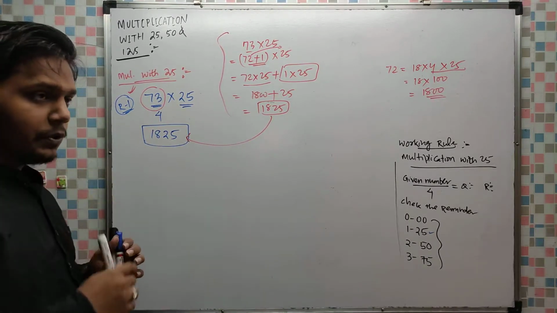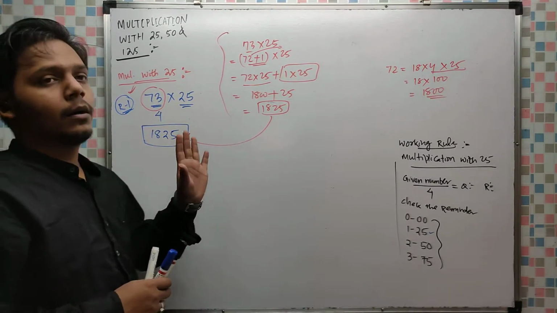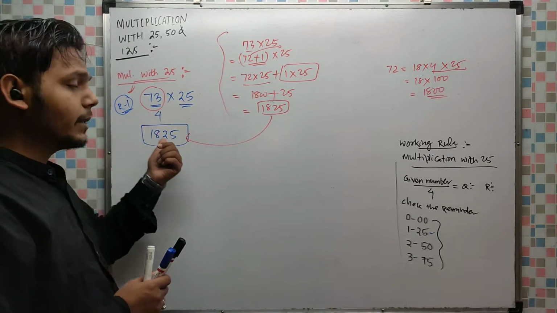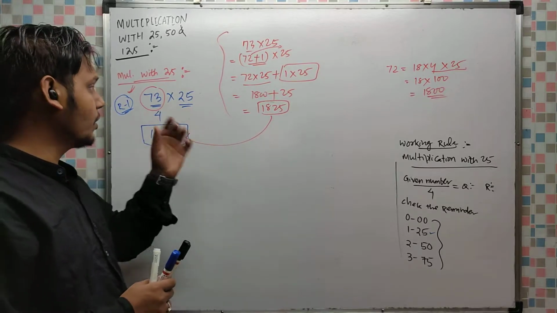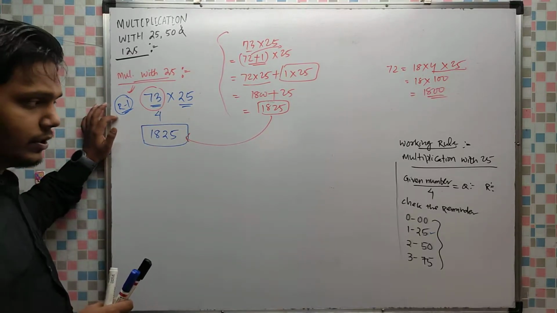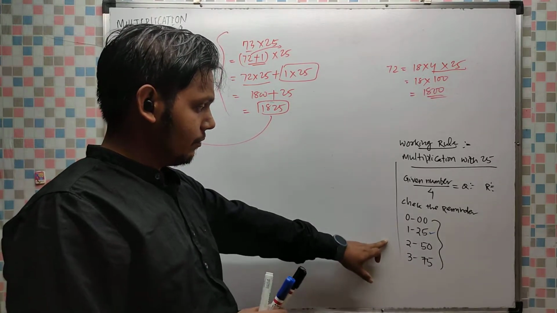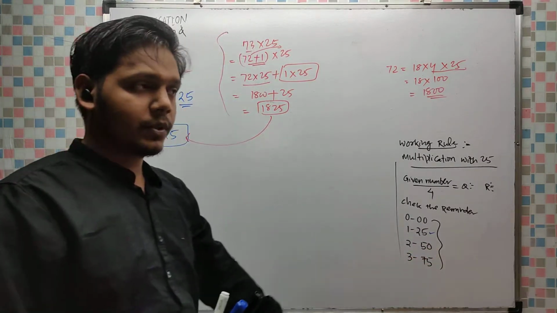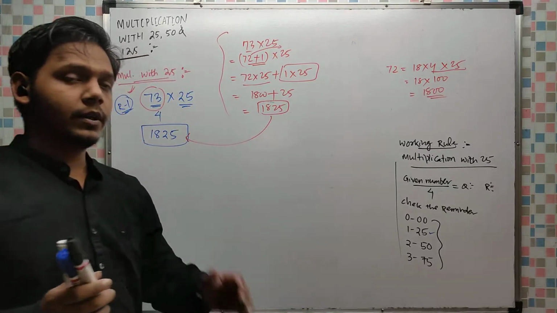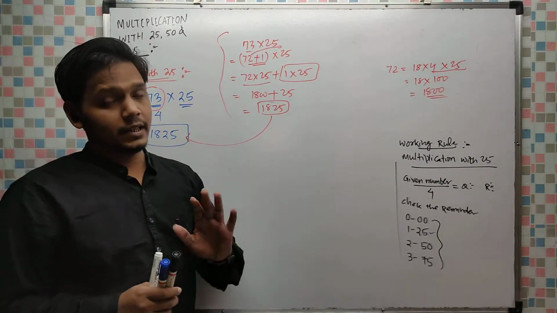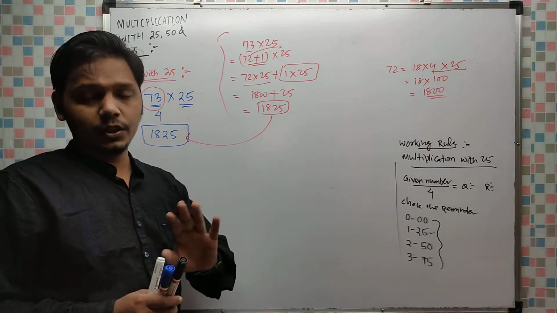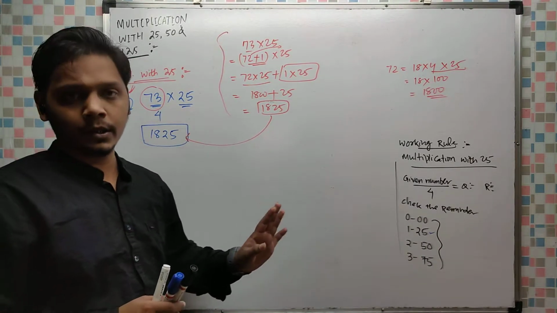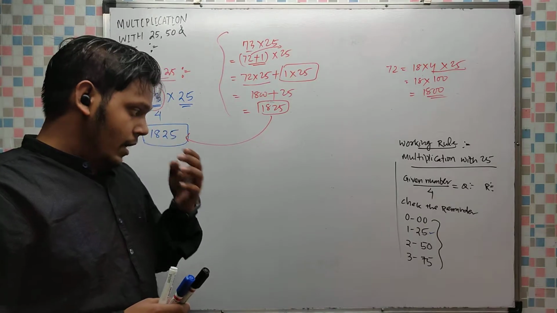So simply keep in your mind, if any number is multiplied with 25, then you have to divide that number by 4 and thereafter check the remainder. 0, 1, 2, 3 are the possible remainders, because whenever we divide with any number, that many remainders can come including 0.